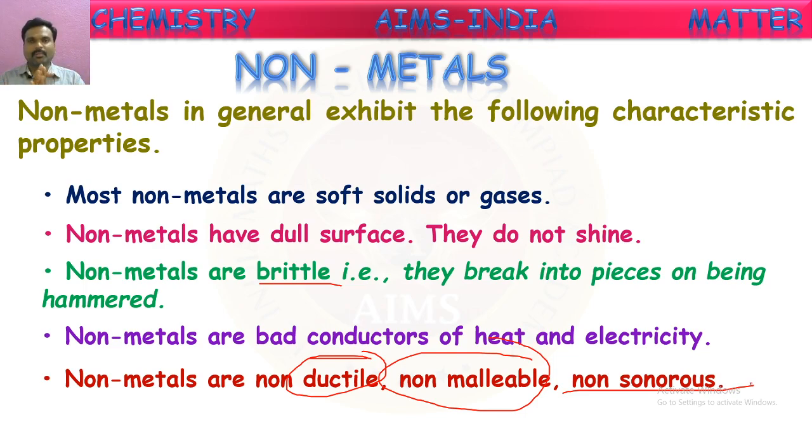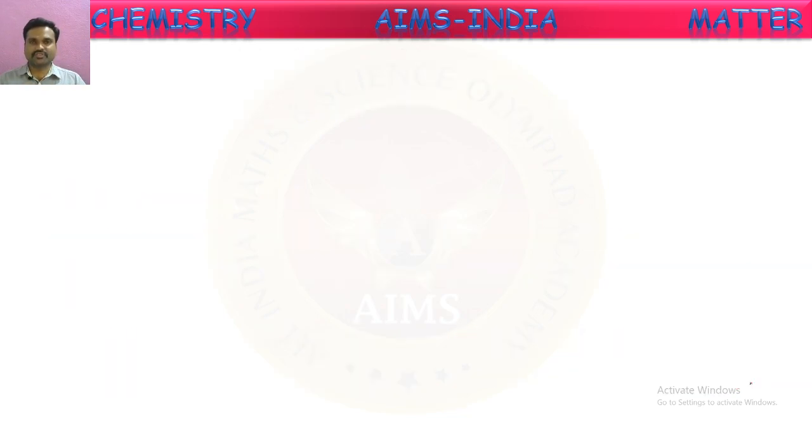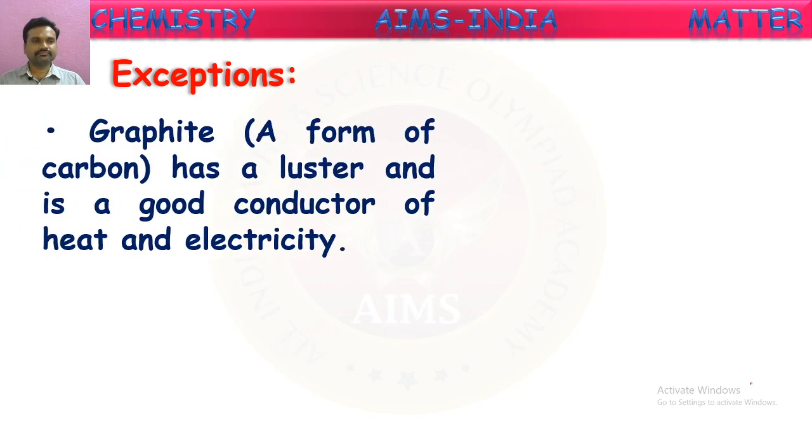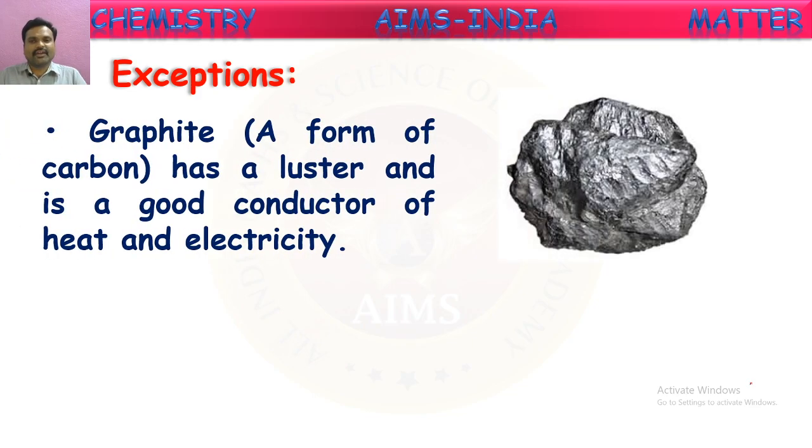These are the general properties of non-metals. As we said there are some exceptions in metals, in non-metals also some do not show certain of these properties. Let us see the exceptions among non-metals. One of them is graphite. Graphite has a luster and is a good conductor of heat and electricity.